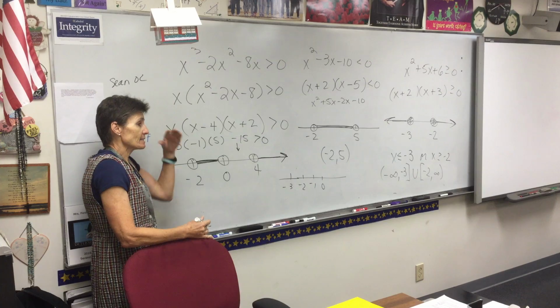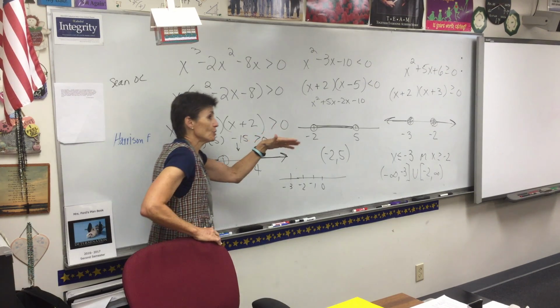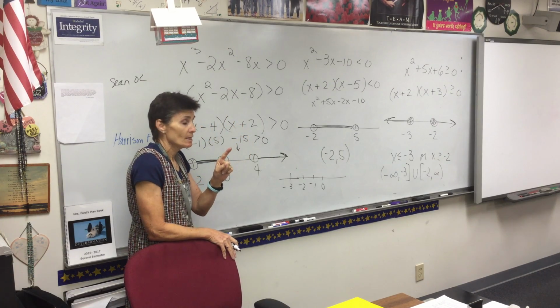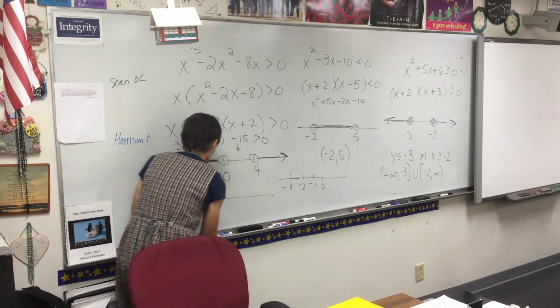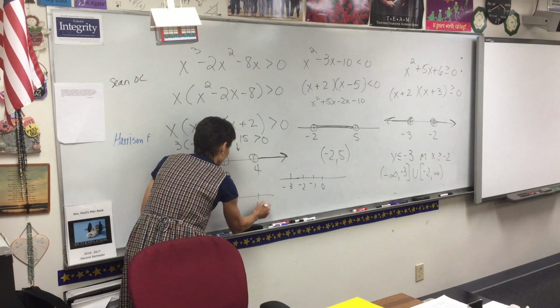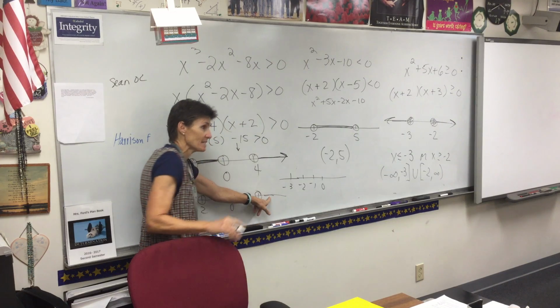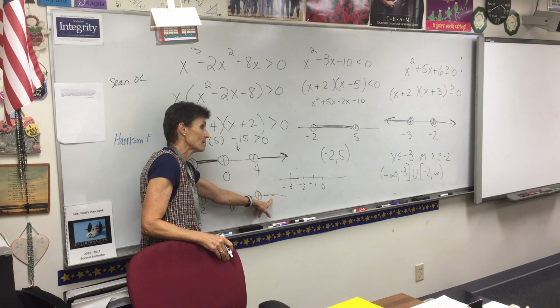Now, let's say, Will, had I called on you, what number would you have picked? 5. He would have picked 5. So here's Will's number line. And he picked 5, which is out here, right? You gotta pay attention to where your number is. His is out here.